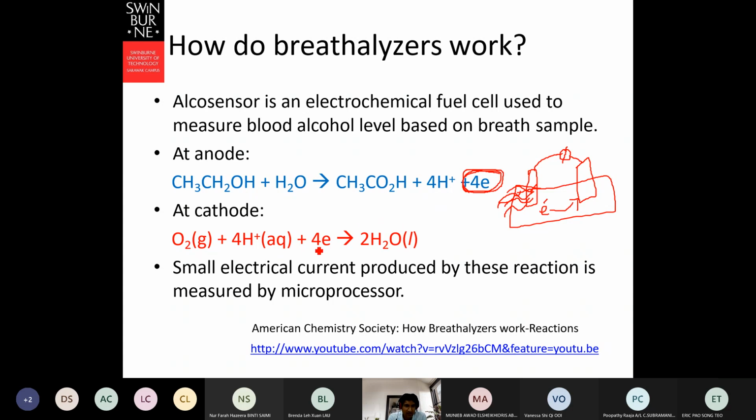Based on the electron production, we know the concentration of ethanol, right?